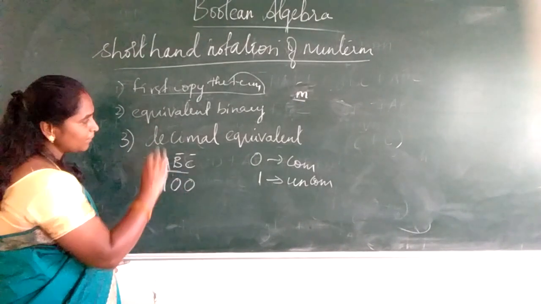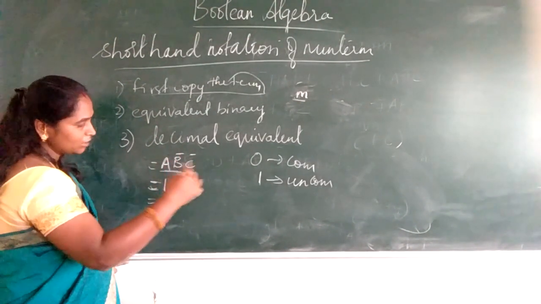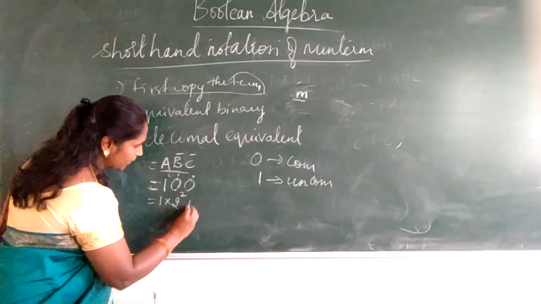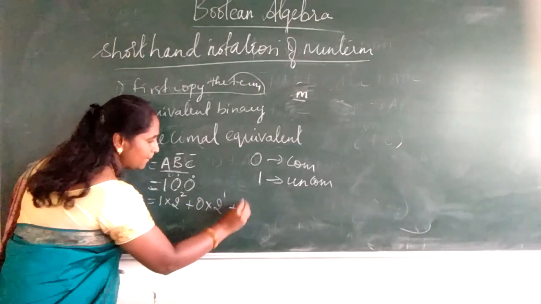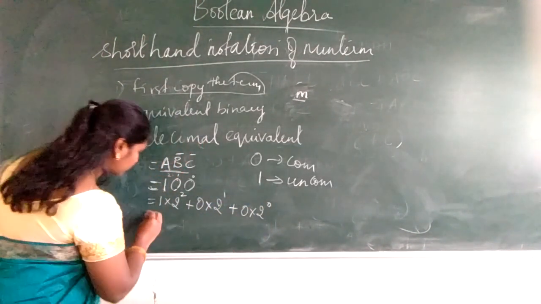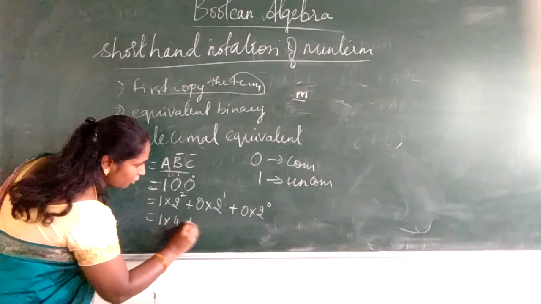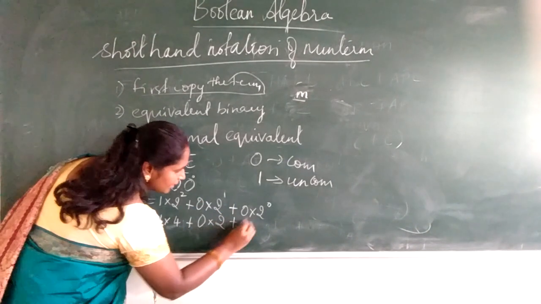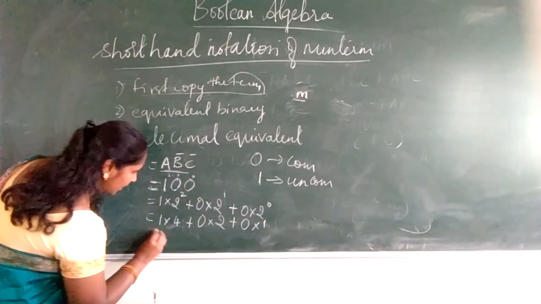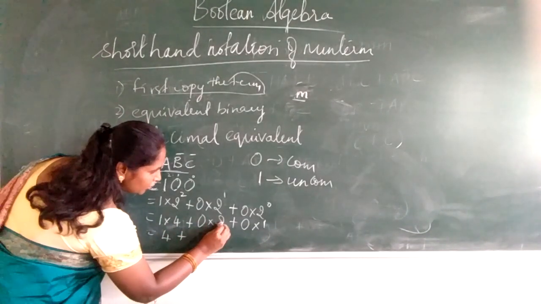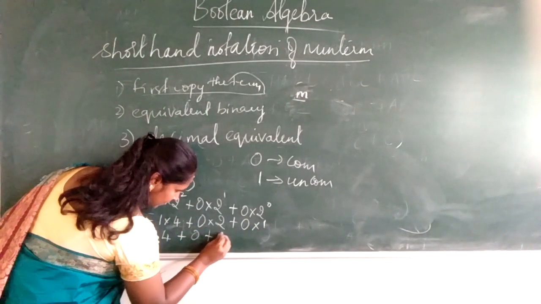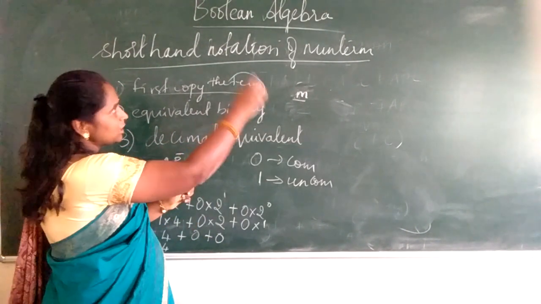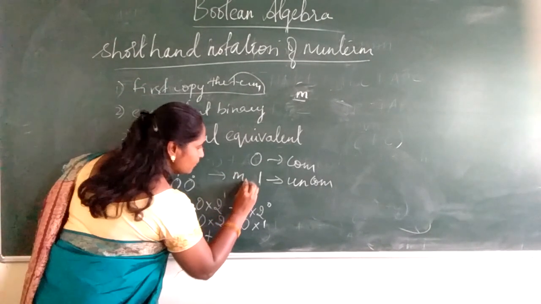The binary form, everything is multiplied with powers of 2. So 1 into 2 to the power of 2 plus 0 into 2 to the power of 1 plus 0 into 2 to the power of 0. 2 square is nothing but 4, so 1 into 4 is 4, plus 0 into 2 is 0, plus 0 into 1 is 0. So what's my decimal equivalent? It is 4. So the term given for this min-term representation is nothing but M4.